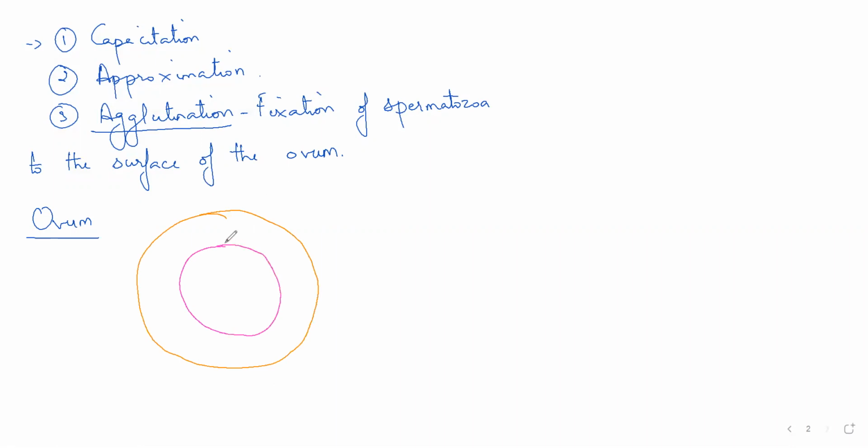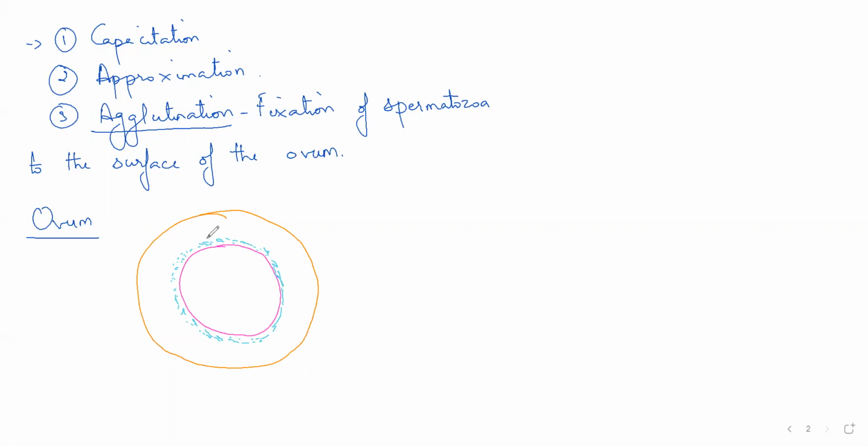Inside this there is the secondary oocyte. Right. Just outside this secondary oocyte is a layer of chemicals. If you remember, we studied the structure of Graafian follicle, mature Graafian follicle, right? So there is this layer made up of the substances.